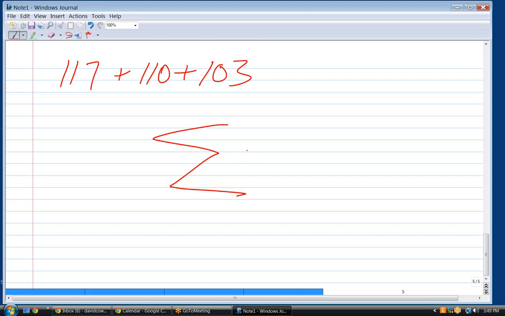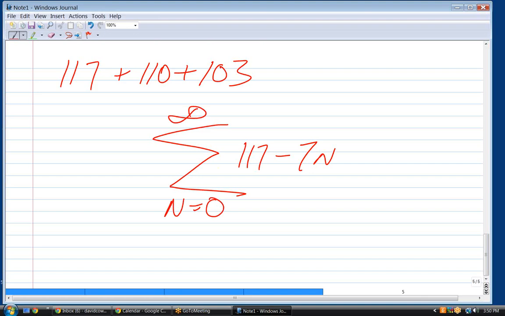So I must have some number, 117 minus 7n, where n goes from 0 to infinity. There you go. Now the first term is 117. The second term is 110. The third term is 103.